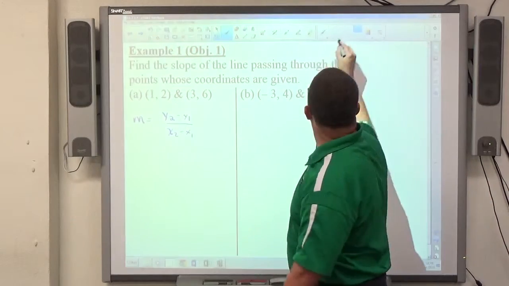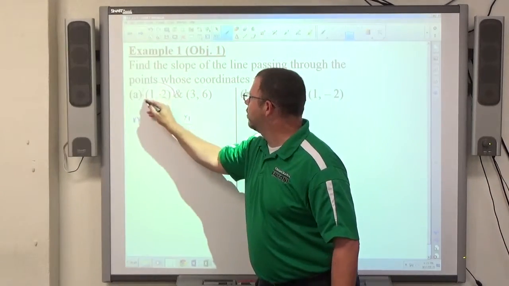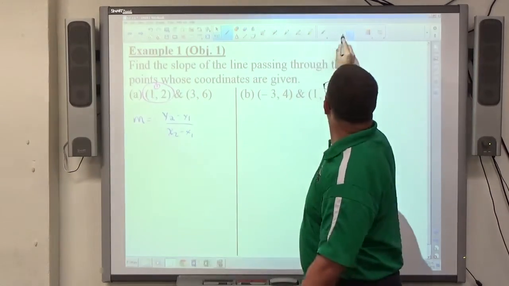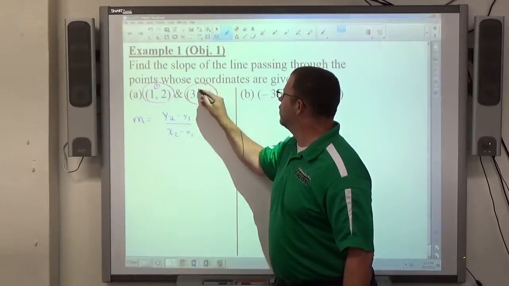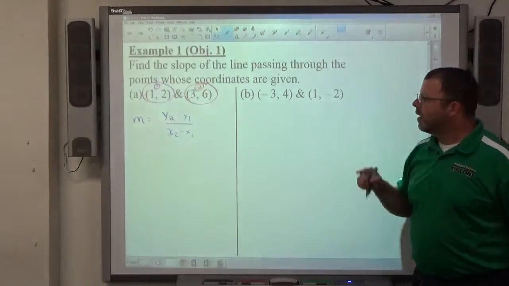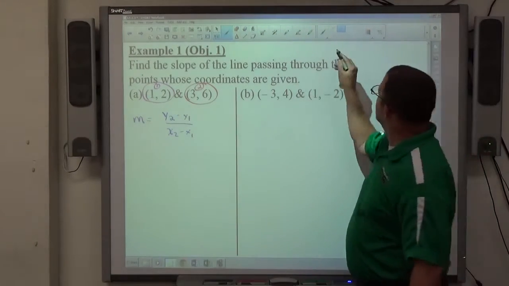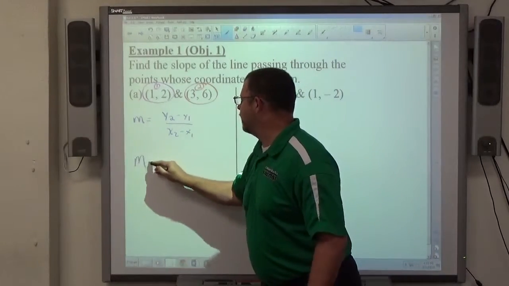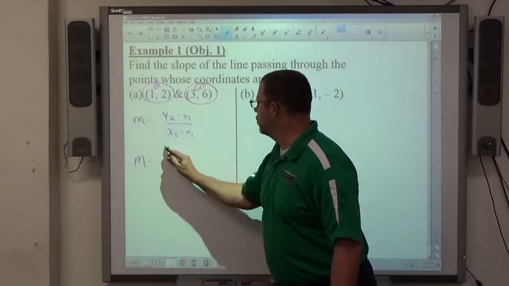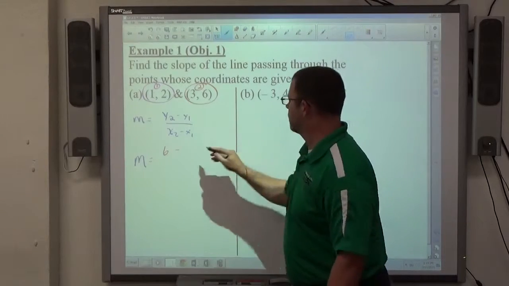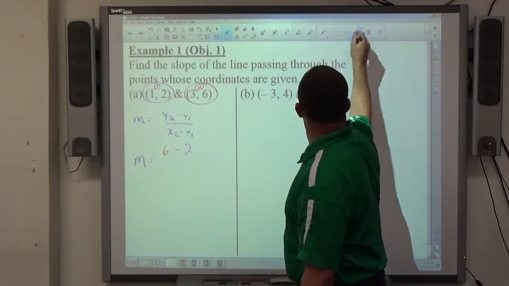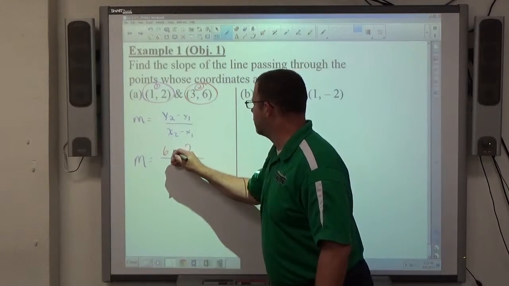So if I call this here (1, 2) point 1, and we'll call this other point (3, 6) point 2. Y sub 2 is 6, Y sub 1 is 2. So the slope formula applying it is going to be 6 minus 2 over, let me put a minus in blue here.